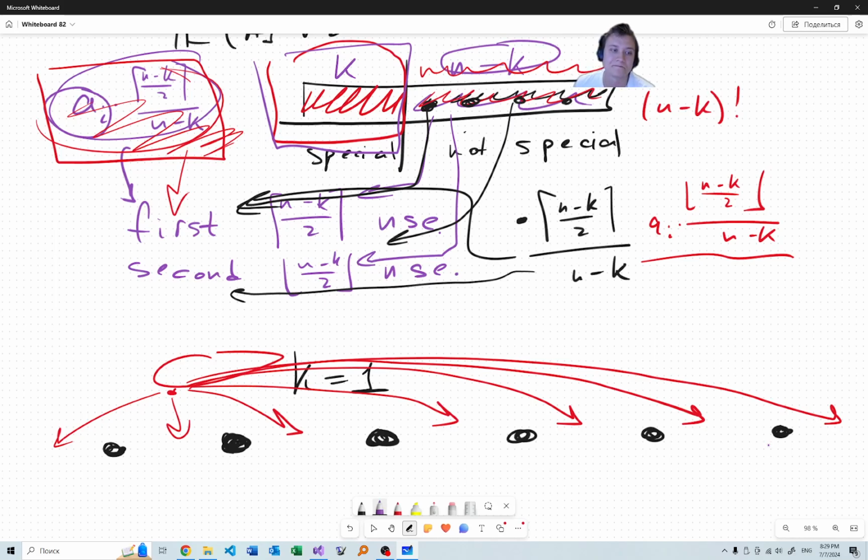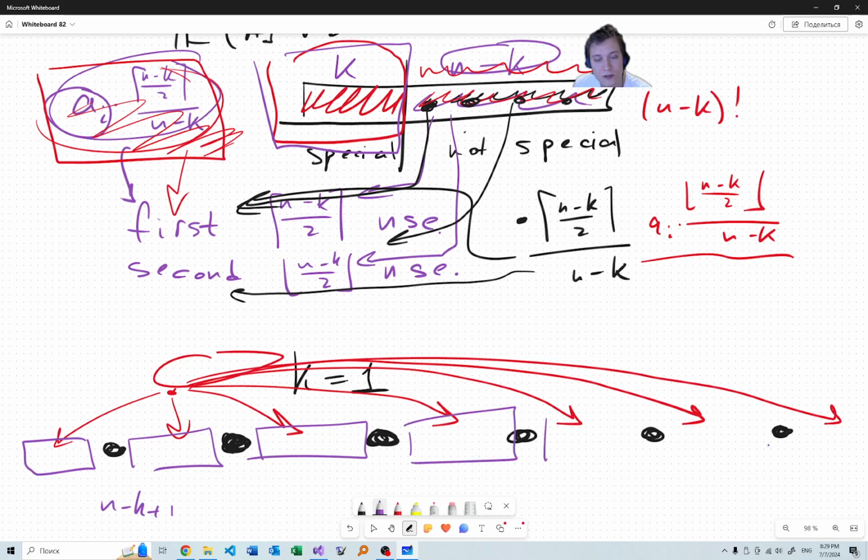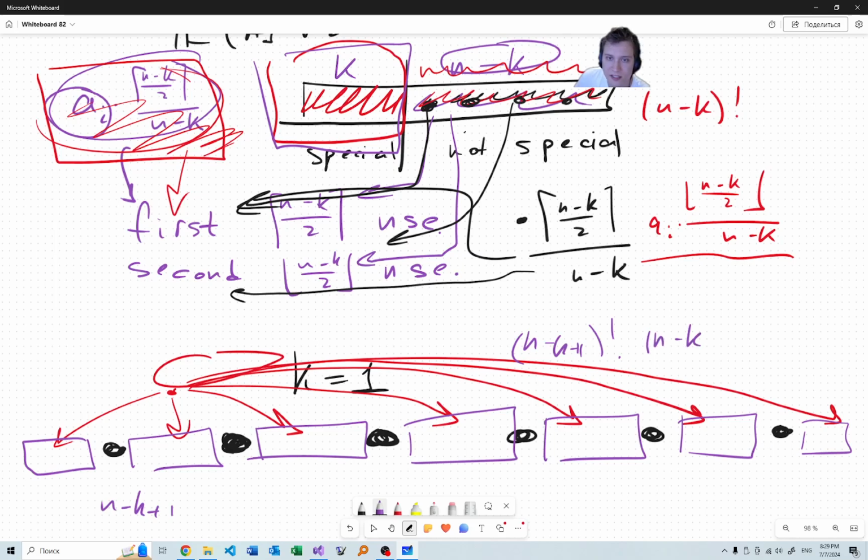Moreover, each of these n minus k plus 1 positions for a special element is also equally probable. Because basically it's just n minus k plus 1 factorial permutations, and there are n minus k factorial permutations for each of these positions.